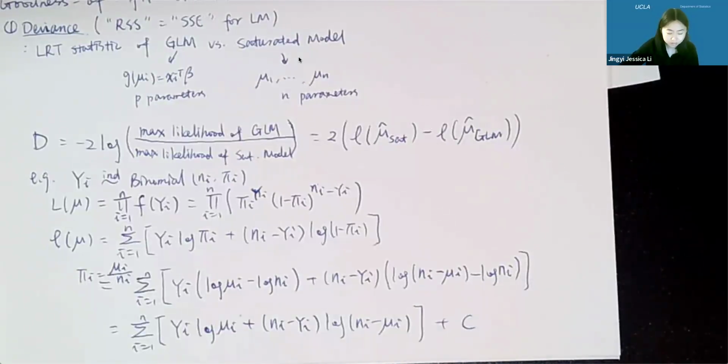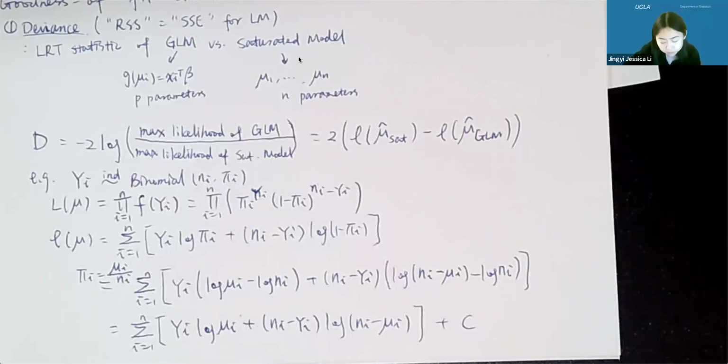So next time we will come back to talk about the deviance test statistic. And also we will give you another goodness of fit test statistic called the Pearson chi-square statistic, which was independently proposed in history. From that, we can use either of them to assess how well the GLM fits the data compared to the saturated model.